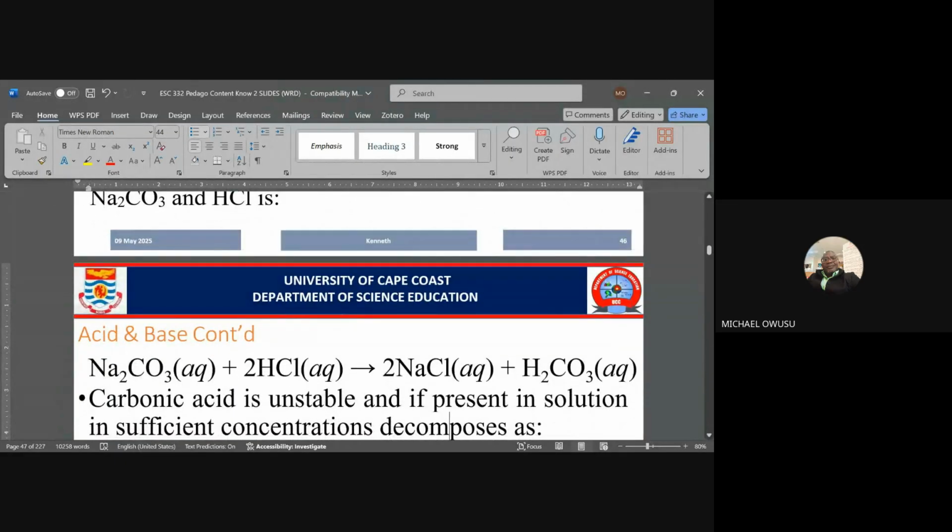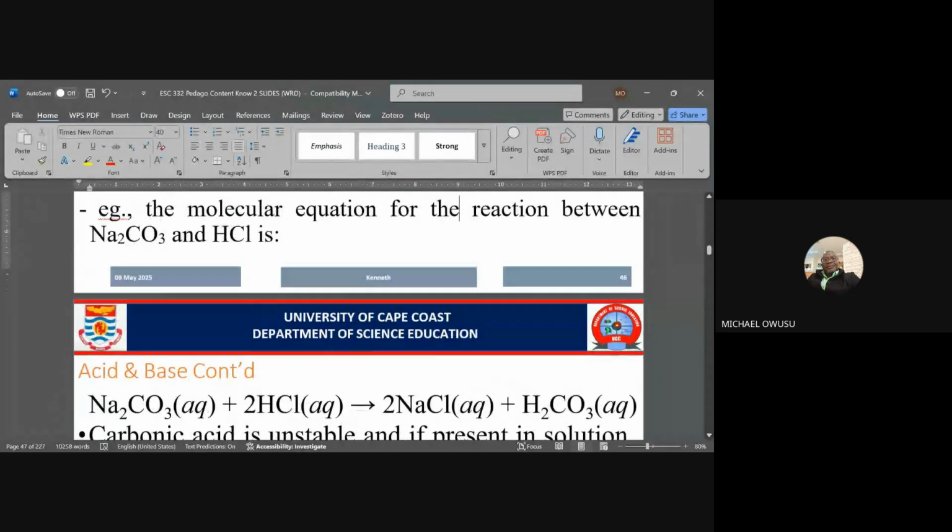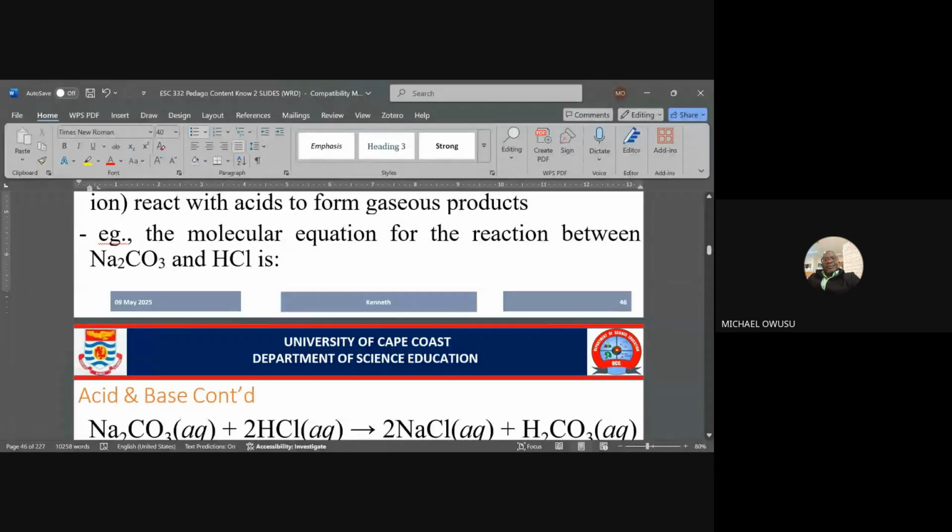Now, let's look at what we have here. Look at the first equation. Have you seen the equation? Sodium carbonate plus HCl to give you sodium chloride and then bicarbonate. What can you say about this equation in terms of stability?